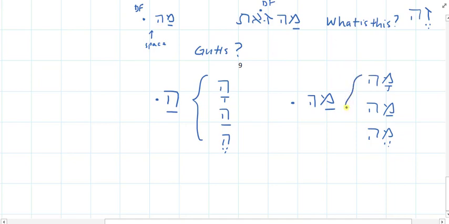So those are my alternate forms of what? Okay? So I'm not going to require you to memorize exactly when you do one versus the other. The important thing here is that if you see ma in any of these forms, what does it mean? It means what? That's all you need to know. Okay?